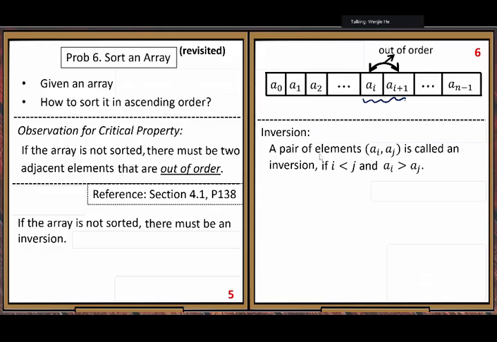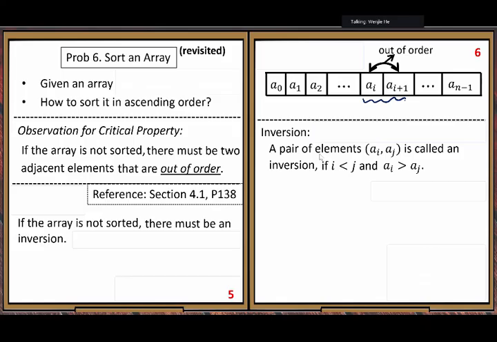Now we want to move from this second statement to the first statement, because the first statement is stronger. Compare the difference between these two statements.